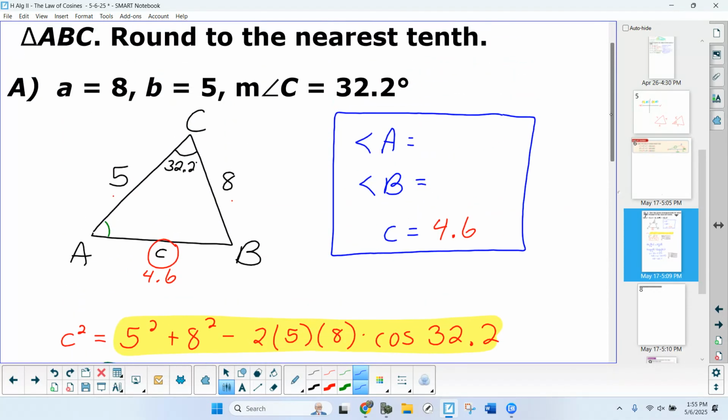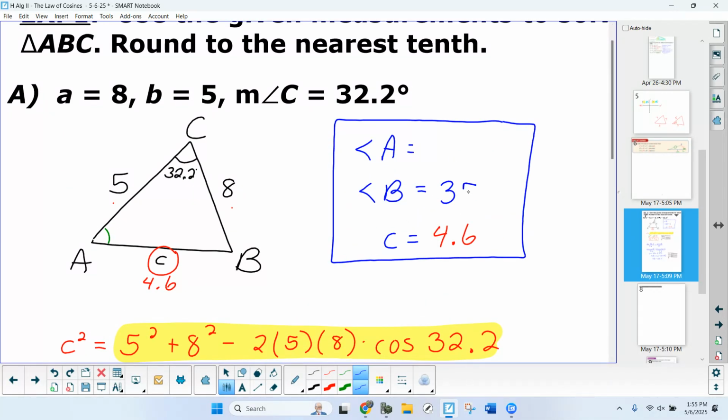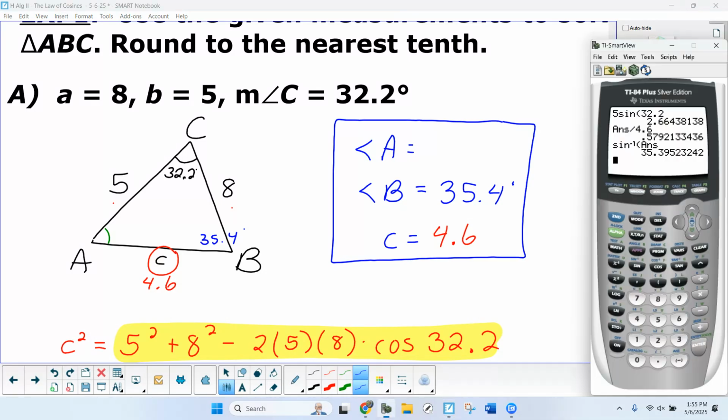So now I know angle B is 35.4 degrees. How do you find angle A? 180 minus 35.4 minus my given 32.2. And what's left for angle A?